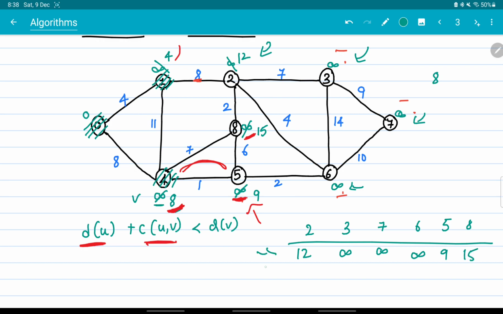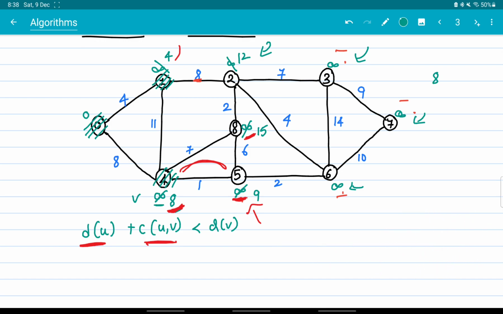Now out of all these distance values of these vertices, which one is having the minimum distance value? 9 here is the minimum out of all these values, and that 9 belongs to vertex 5. So our next vertex or the source vertex will be 5. Okay, so our next vertex is 5.